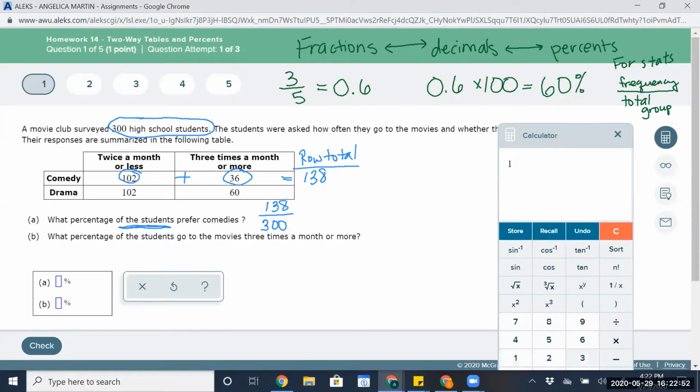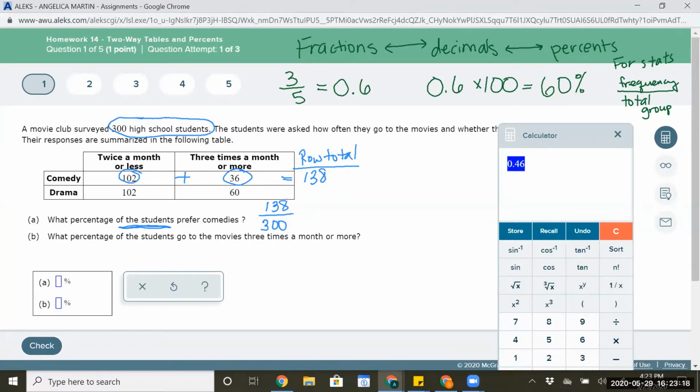I've got 138, and I'm going to divide that by 300. Oops, sorry. And 138 divided by 300 is equal to 0.46.